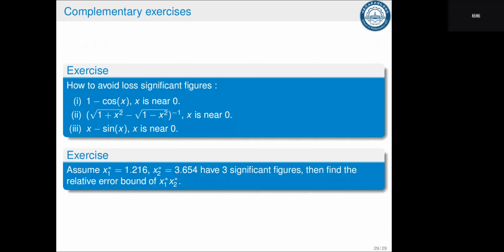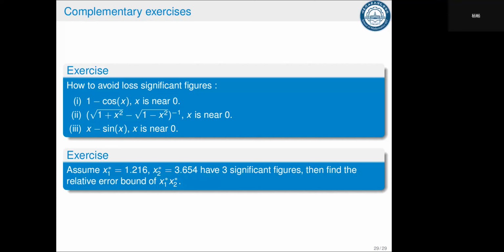So this is the end of chapter 1. Now you can try to finish these three exercises yourself, and then you can submit your homework to my assistant later.